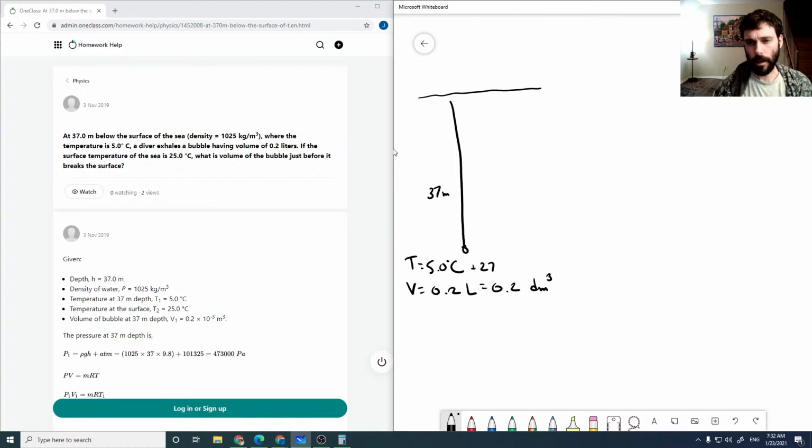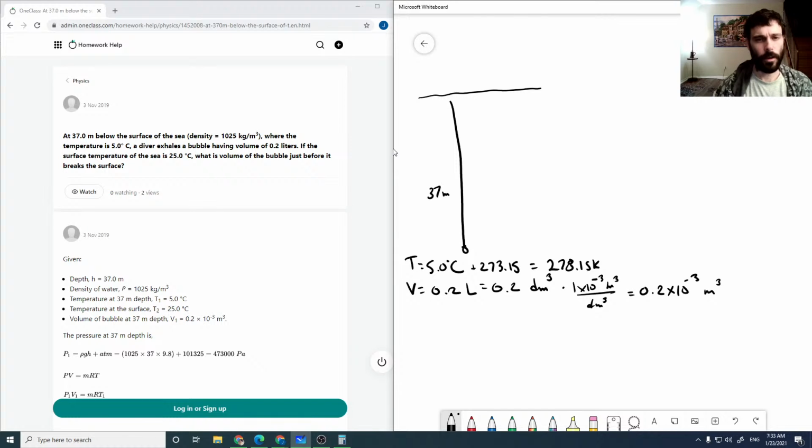So for this, we're going to add 273.15 to give us 278.15 Kelvin. And we're going to go ahead and multiply this by 1 times 10 to the minus 3 meters cubed per decimeter cubed, which is 0.2 times 10 to the minus 3 meters cubed.